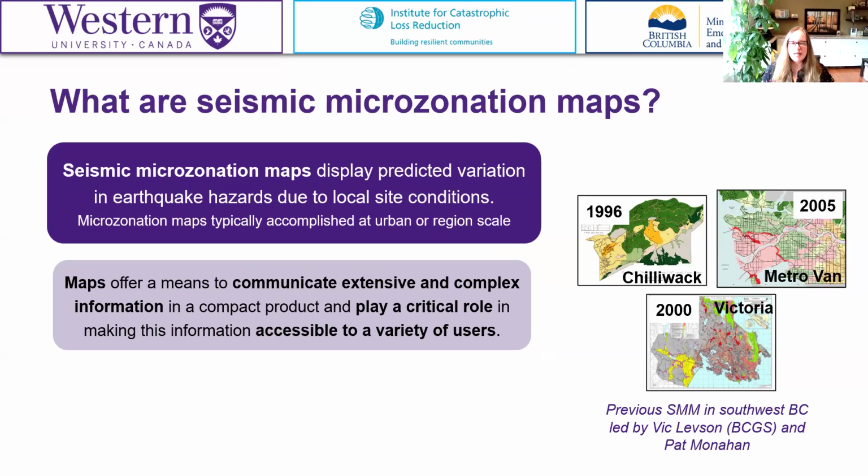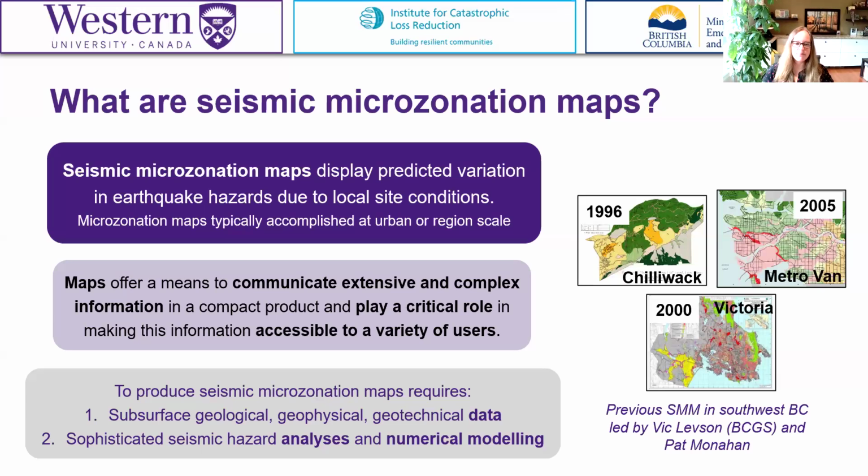We use maps because they help communicate this extensive and complex information in a relatively compact product. I can take everything that's happening in the subsurface and try and map it just from above. And we need maps to play a critical role in making this information available to you to be able to use in your decision making.